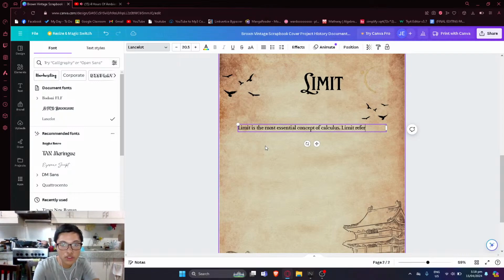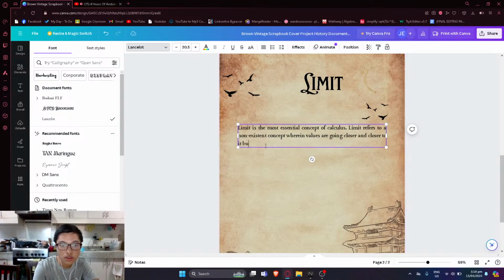Limit refers to a concept wherein values are going closer and closer to it but will never hit that number. It's just like an asymptote, right?